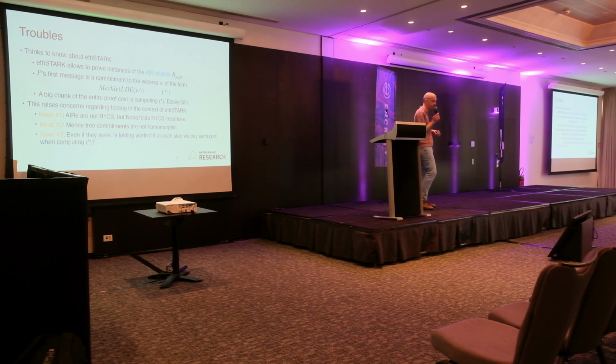And a third issue is that even if Merkle trees were homomorphic, would it be worth it to fold if each step of the folding requires us to compute this, which is most of the cost of computing a STARK proof? Would it be worth going through the trouble of folding in that case?